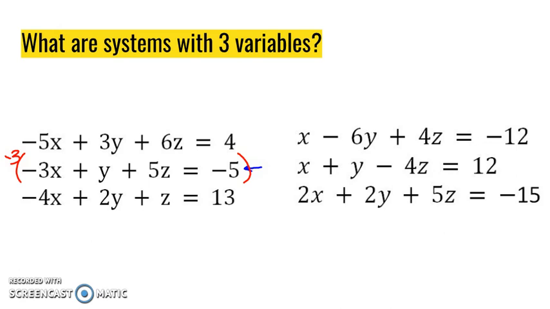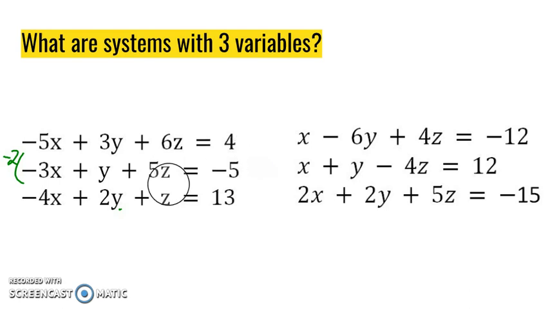Then I'd have to come back a second time, and this is still my pivot equation, but I would need to eliminate my y's with this equation here. So I could take this equation times a negative 2, and that would allow me to eliminate my y's. Okay, and then once I do that, it's just substitution or elimination with the two new equations that I've created.